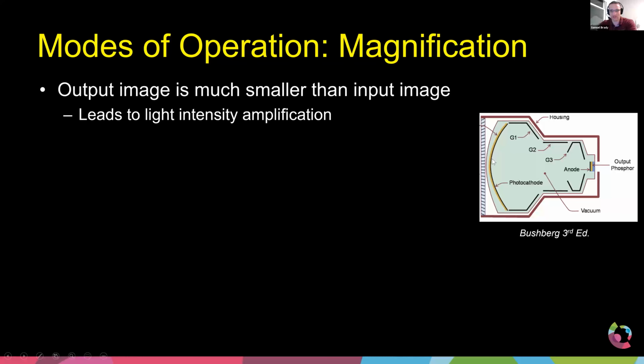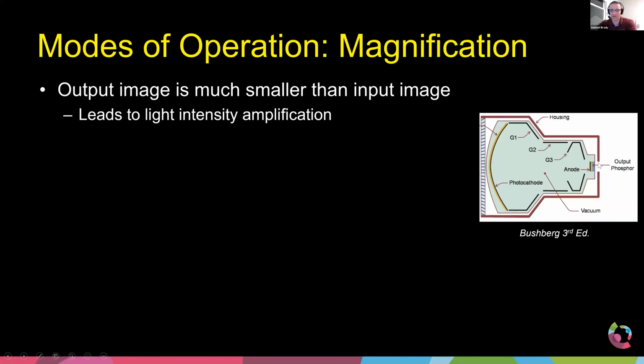And then you've got your cesium iodide and your photocathode. That's what turns the photons into light and light into electrons. Then you have these dynodes here labeled G1, G2, G3, and these will help steer the electrons down.